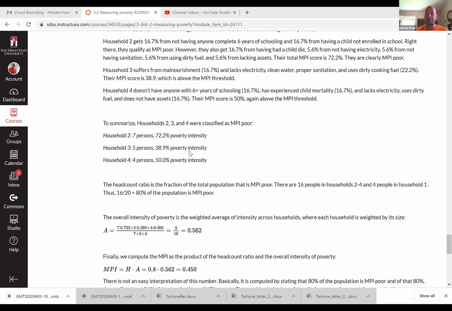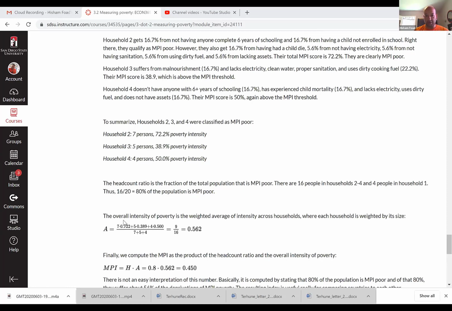So basically, we have 16 people that are poor in total. 7 of them have an intensity of 72.2%. 5 of those 16 have an intensity of 38.9%, and 4 of those 16 have an intensity of 50%. So the weighted average would multiply each of these intensities by the share of poor people that have that particular intensity.